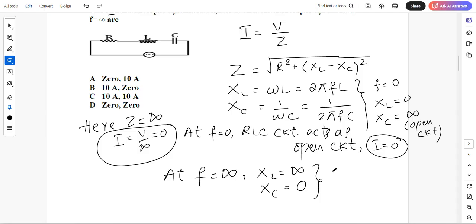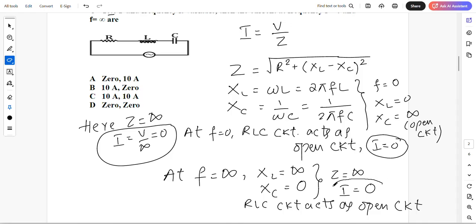Again Z will be equal to infinity. Therefore I will be equal to 0. Again the RLC circuit acts as an open circuit. In both the cases, I will be equal to 0.